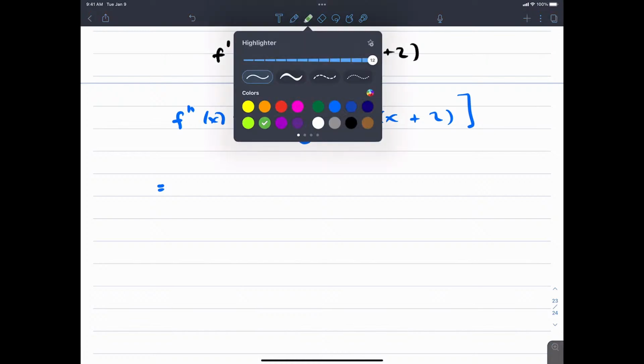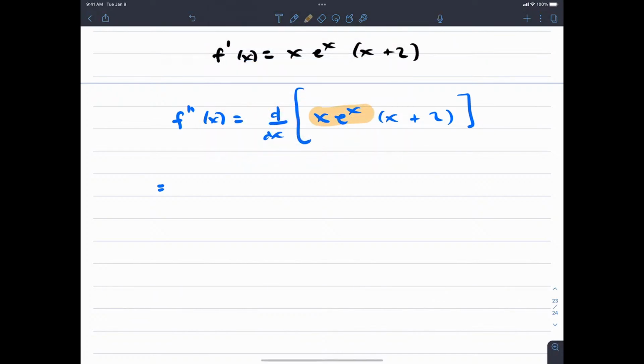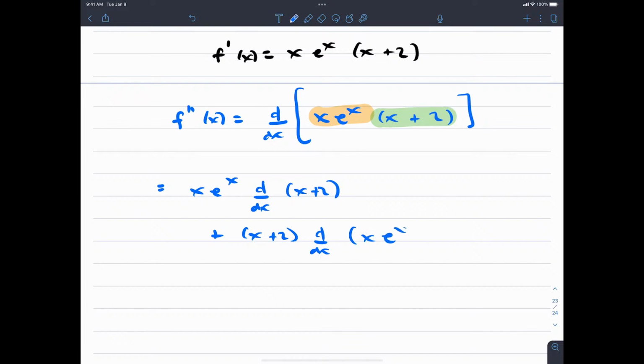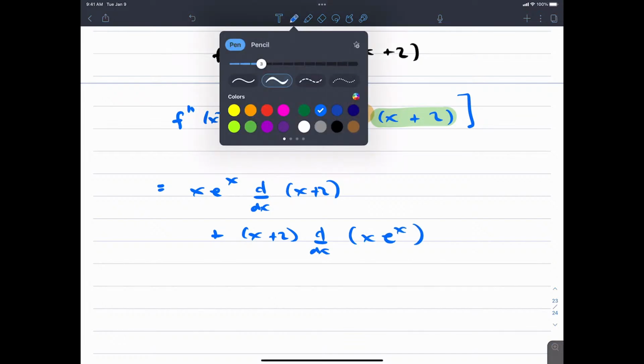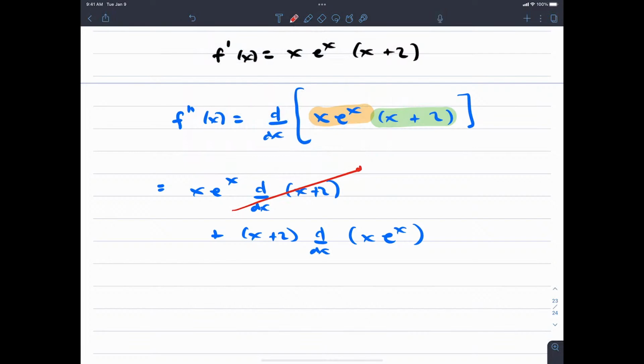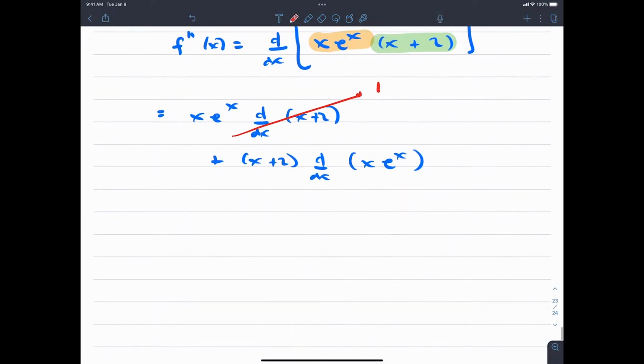Well, think of it this way. First function, and then what? Second function. So pull out the first function. Differentiate the second. Pull out the second function. Differentiate the first. So this here will be 1, but this one, product rule. Is that right?